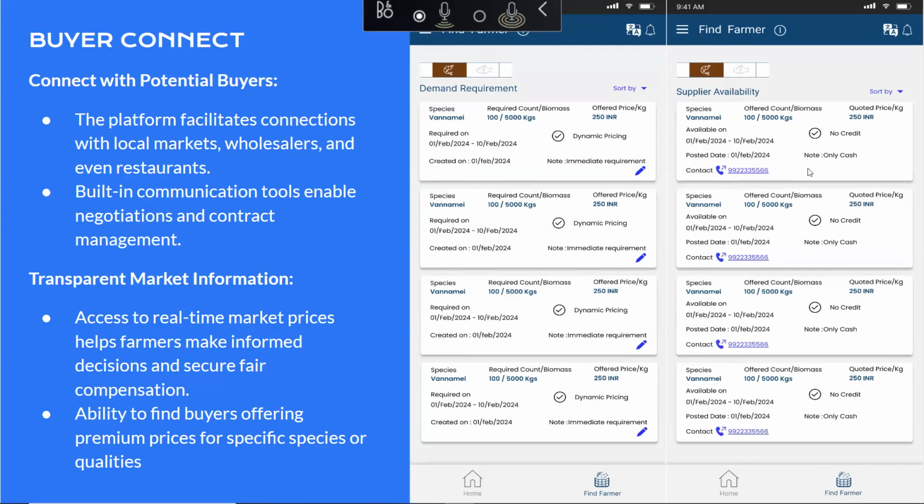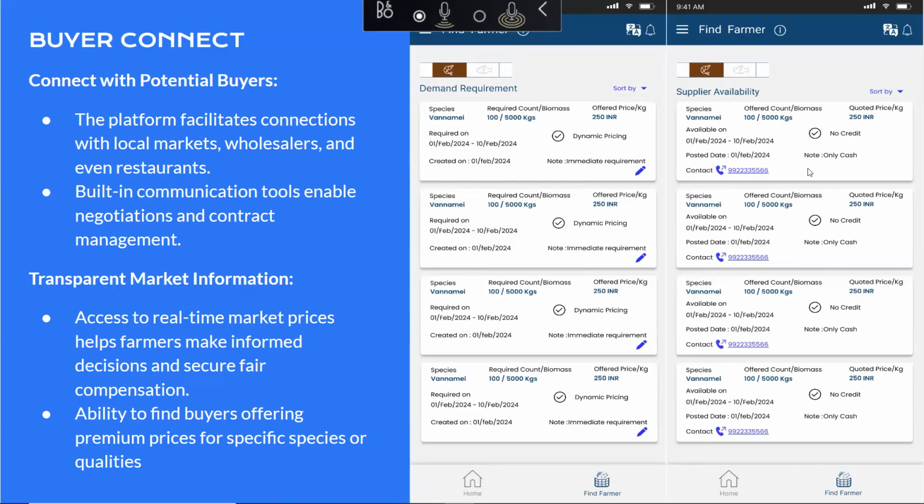I'll put it on my platform so that the farmers who are near that and matching the time frame can contact me directly, negotiate the price and complete the purchase. This way, the farmers are able to view the demand. What is the demand of the buyers? What they want, when they want, and also what prices are working out in the market.